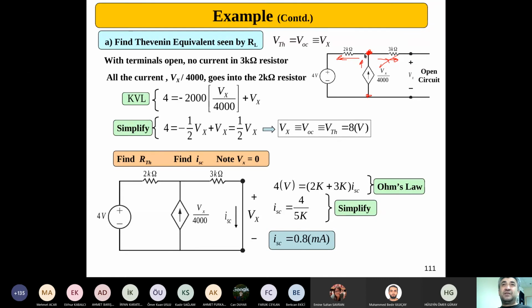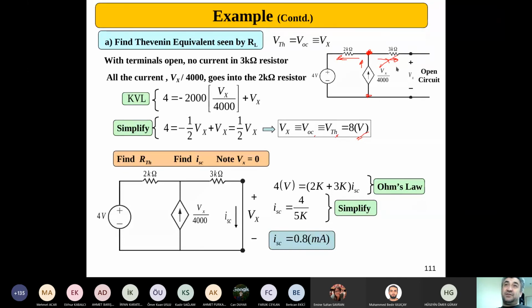The current on this side is Vx minus 4 divided by 2, which will equal Vx divided by 400. You can easily find Vx just like this, and Vx will be 8 volts. That is V open circuit, which is also equal to the V Thevenin.